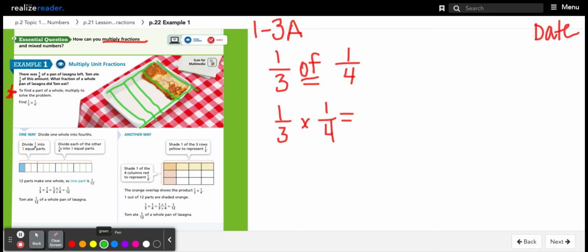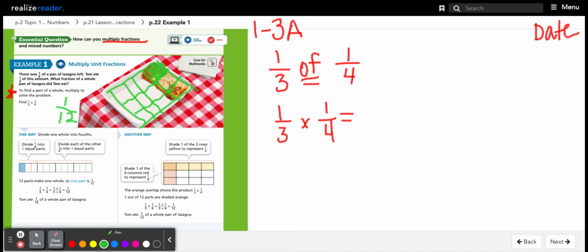So of the lasagna left, I'm going to split that into 3, and Tom ate 1 of them. So what fraction of the whole lasagna did Tom eat? Well, Tom ate 1 piece out of how many total squares do you now see on this tray of lasagna? I see 12. So the answer here is that Tom ate 1/12 of the whole pan of lasagna.